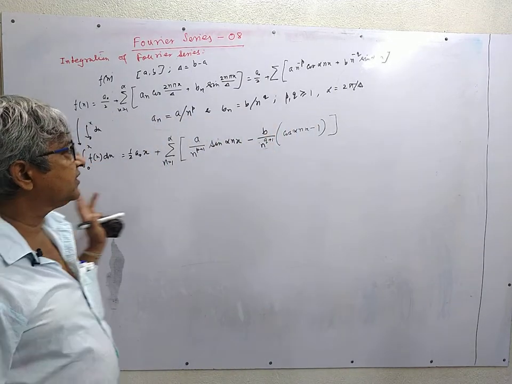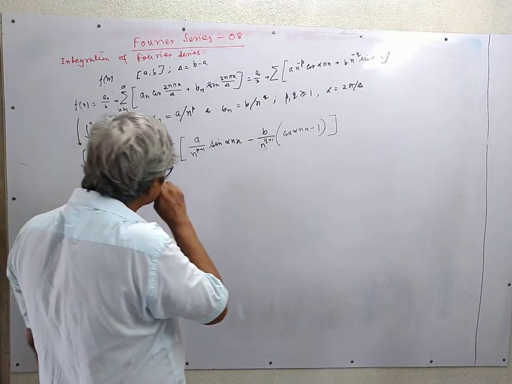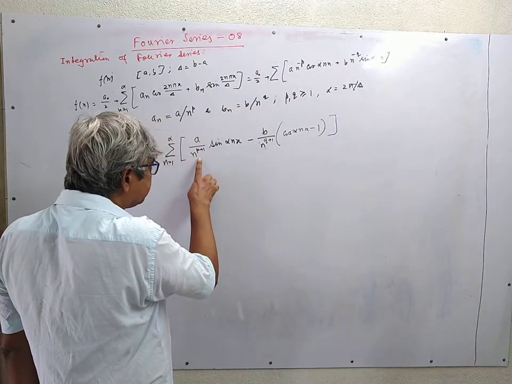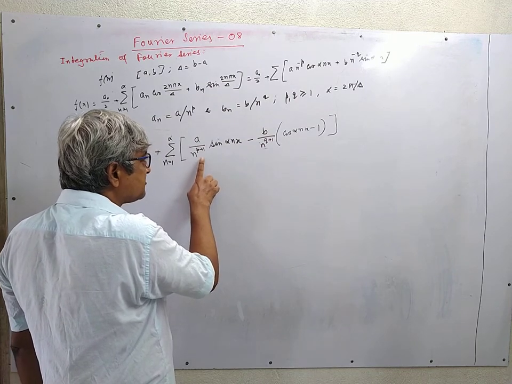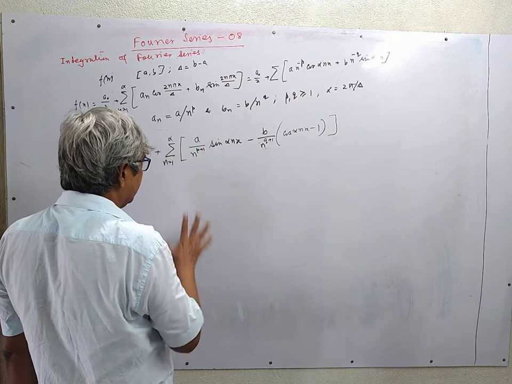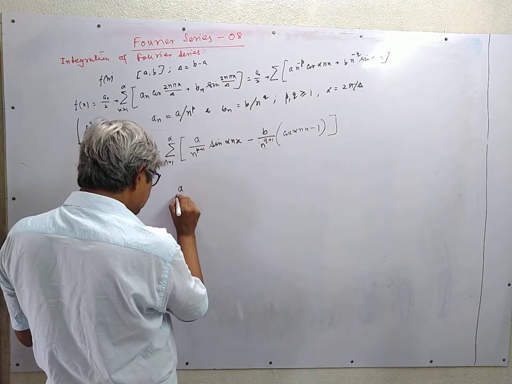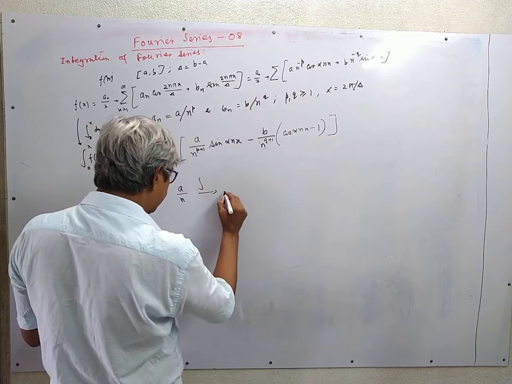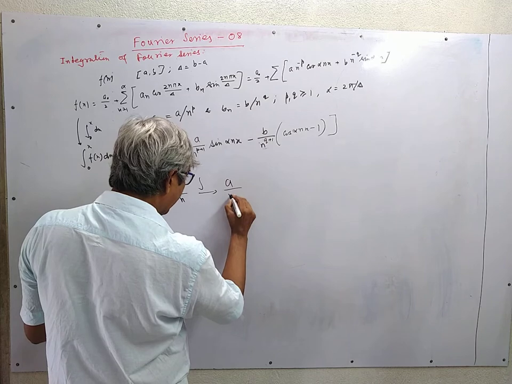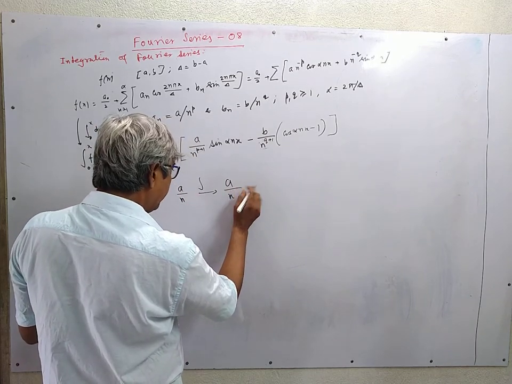That is, we have integrated the right hand side term by term. It is found that the power of n in the denominator is increased by 1 on integration. That is, if we have originally the variation as 1 over n to the power p, then upon integration this becomes n to the power p plus 1.